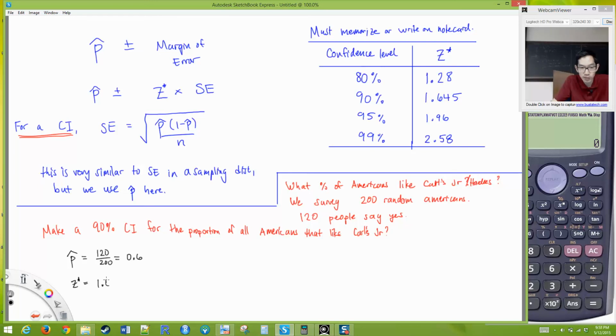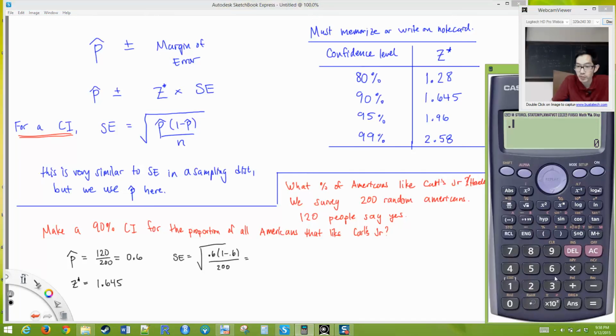What is my standard error? I'm going to use the square root of p hat 0.6 times 1 minus 0.6, divided by 200. Oh, and I'm forgetting to teach one thing. Okay, 0.6 times 1 minus 0.6 divided by 200.